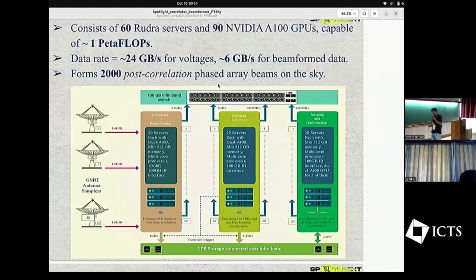The data rate coming from the antennas, the baseband data, is 24 gigabits, and the beam data that we are forming is 6 gigabytes per second. It forms 2,000 post-correlation beams. In the first stage, there are 20 servers, and out of them, 16 we are using for the correlation and beam formation. In the second stage, there are again 20, and along with the other 4 in the first stage, we'll be doing the AI-based FRB detection. And in the third stage, we'll be doing the imaging and localization.